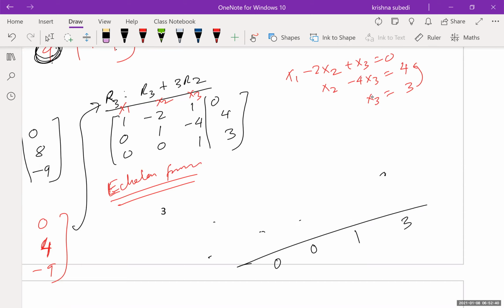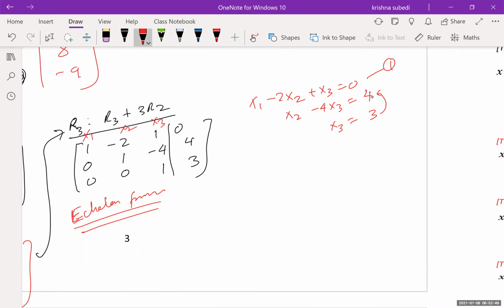Let's look at that. So x3 is this. Let's say this is my equation 1, equation 2, equation 3. Now substituting this value there, you're going to get x2 minus 4, x3 is 3, equals 4. What is your answer here?